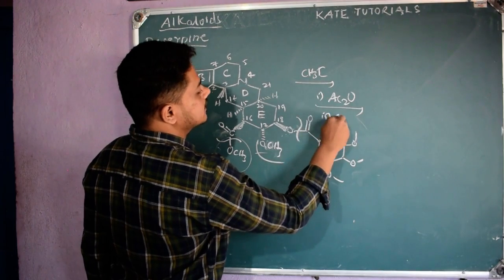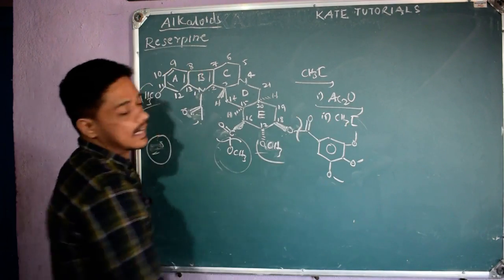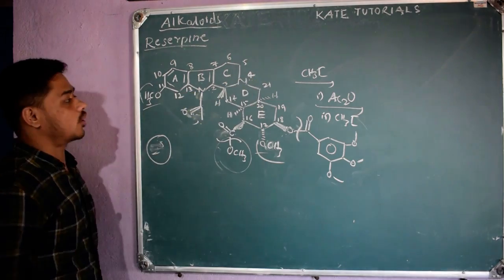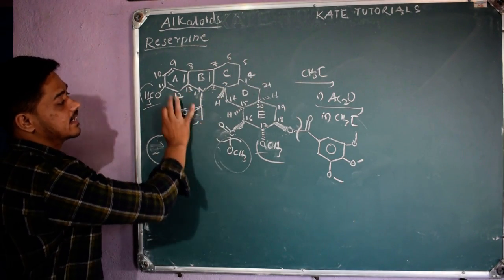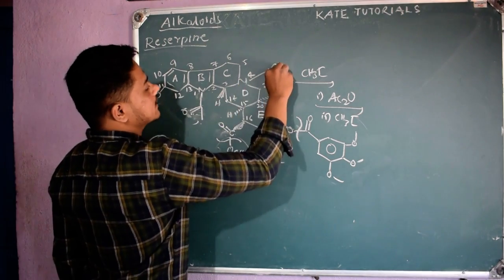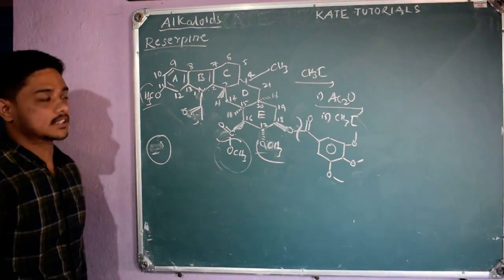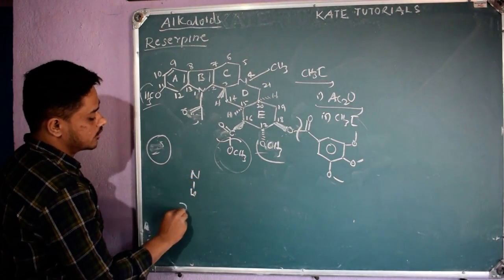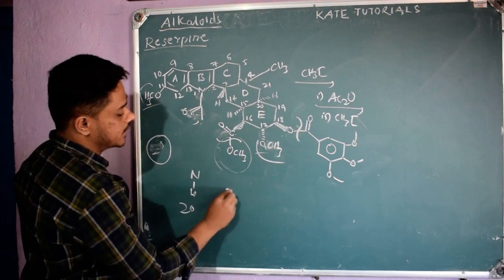In the second step I will add CH3I. This methyl iodide, instead of reacting with this nitrogen, will react with this nitrogen, because this nitrogen is sterically hindered. Because of this steric hindrance, this nitrogen will add CH3. So there are two nitrogens, in which one nitrogen will have NH, so it will be secondary, and this nitrogen will be tertiary.